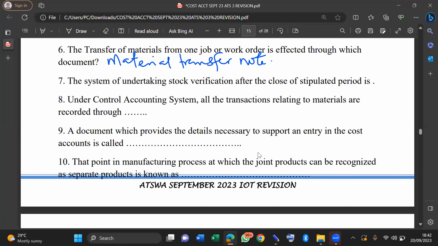Periodic inventory taking. What can we also call it? We can also call it periodic inventory control. Periodic inventory taking.